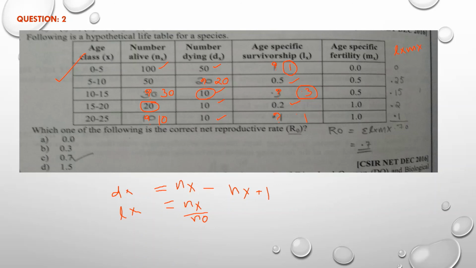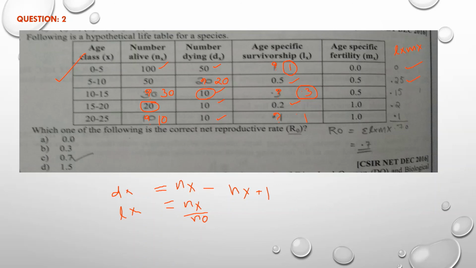First, age class 0 to 5. What is the value of Lx? 1. And Mx 0. So 1 into 0, 0. That is Lx Mx value for 0 to 5 age class. Next, Lx Mx value for 5 to 10. Here Lx value is 0.5 and Mx is also 0.5. So Lx Mx is 0.25. Next 10 to 15.